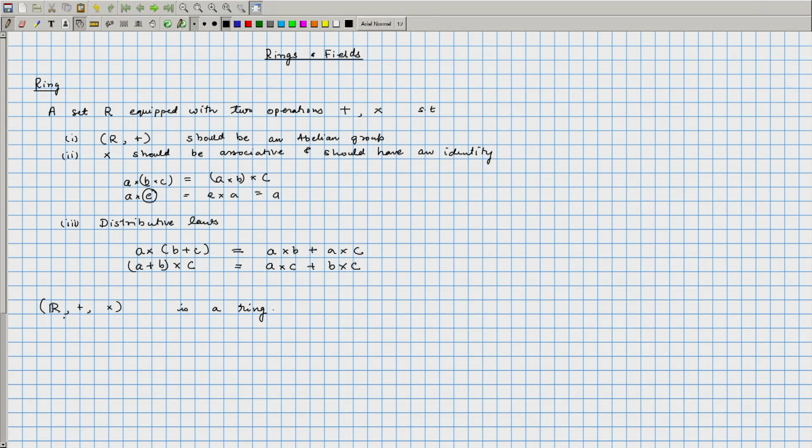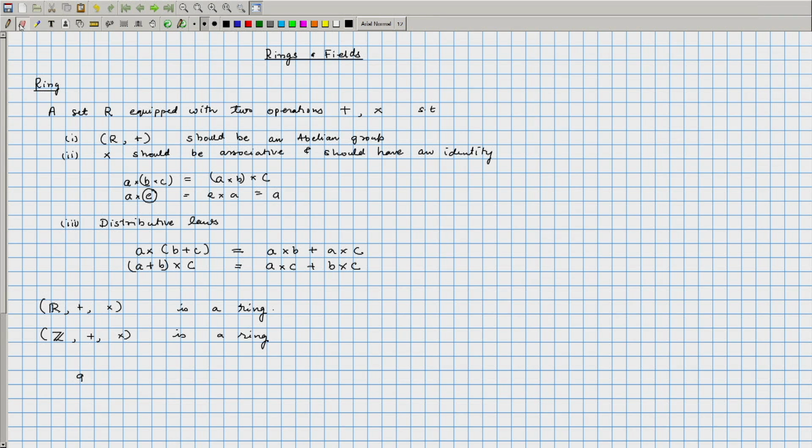Now, let us look at the set of integers under the usual addition and multiplication. This is also a ring. Okay, but here you can see that under multiplication, inverses are not defined. For example, if you take the element 9, there is no multiplicative inverse. There is no element which you can multiply with 9 to get a 1.